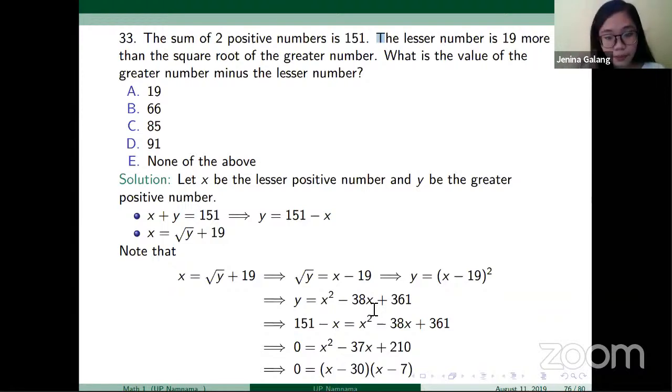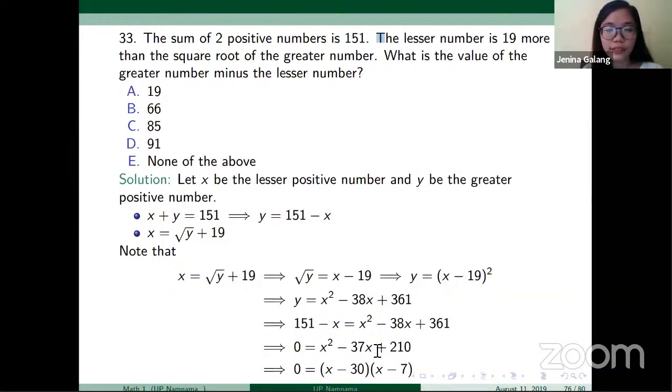And substitute natin yung y dito. So 151 minus x equals x squared minus 38x plus 361. Then, pwede nating factor out, i-manipulate natin tong equation natin.